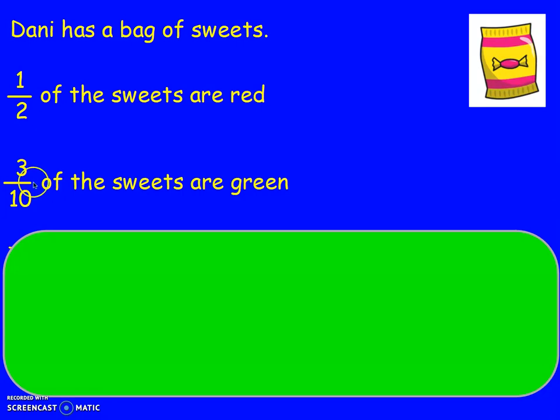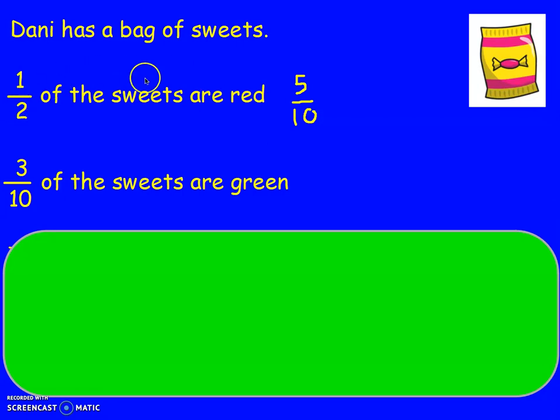So we know that 3 tenths of the sweets are green. How many tenths would be red if half of the tenths are red? Have a little think. You would need to work out what half of 10 is. Good. Half of 10 is 5, so we know that 5 tenths would be red.